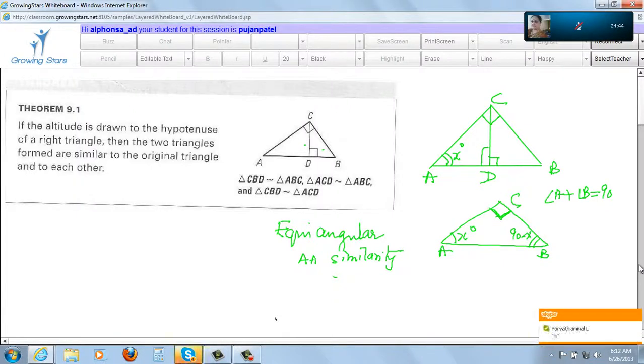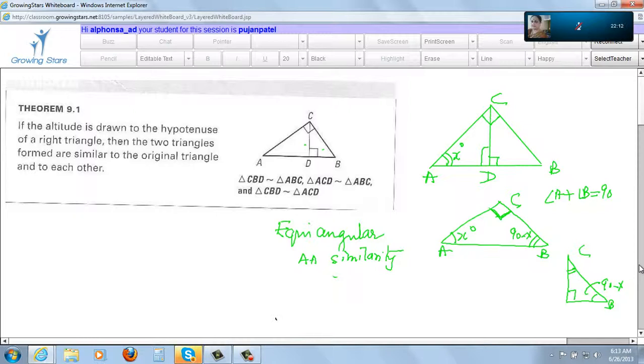Now let's take the other triangle, CDB. Again we have a 90 over here, and we have already got a 90 minus x over here from the previous triangle. So what will be the angle over here, the part of angle C?